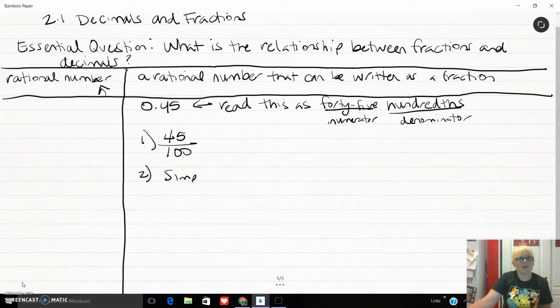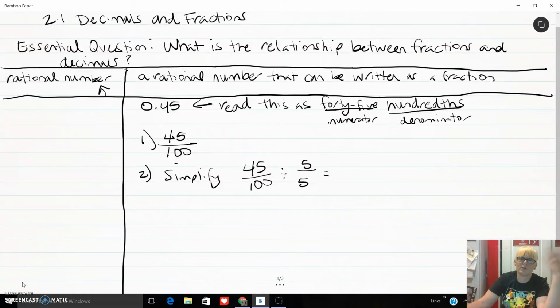And then I simplify. With any fraction, I always simplify. So I have 45 over 100. And what can I divide both top and bottom by to make a smaller fraction? Okay, I can divide by 5. So I'm going to divide the top and the bottom because what I do to the top, I do to the bottom. 45 divided by 5 is 9. 100 divided by 5 is 20.